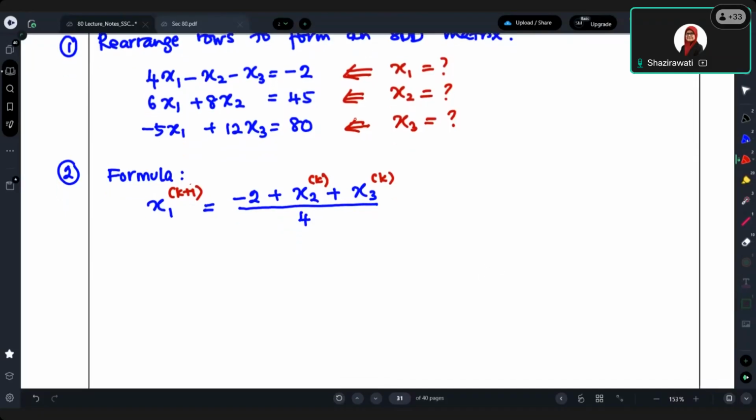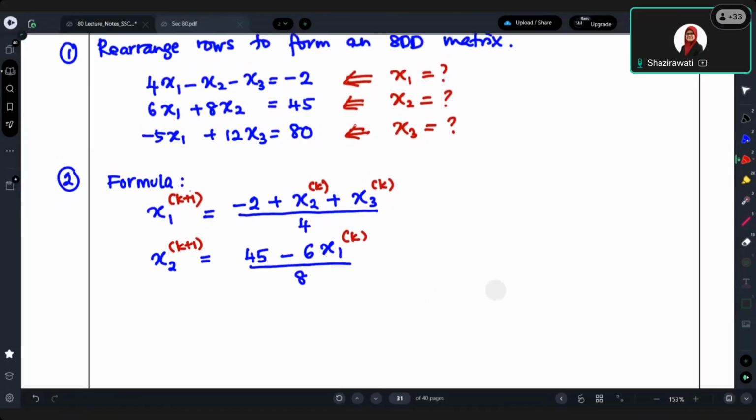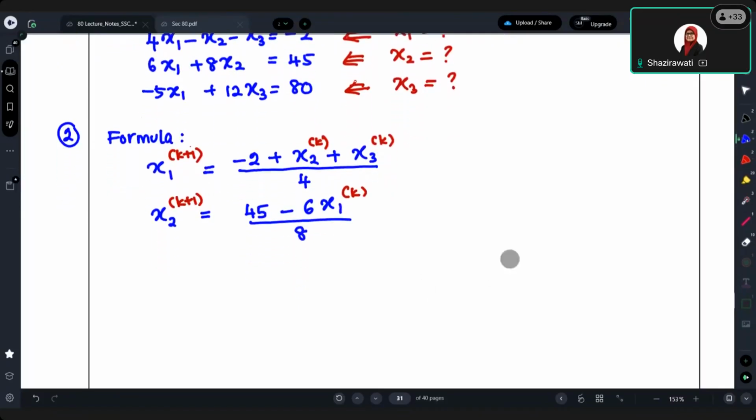Okay, x2 punya formula from row number 2. x2 equals, so check row number 2, equation number 2, 45 minus 6x1 over 8. And then you put the iteration notation k plus 1. Now x3 pula comes from row number 3, equation number 3.